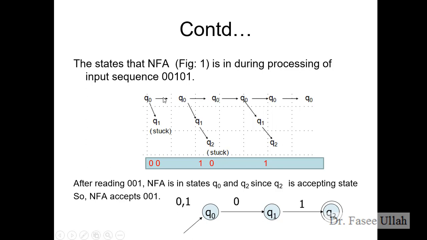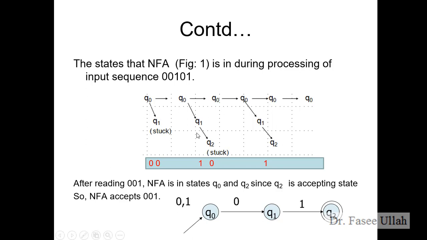How does the transition process values for the NFA? We already know there's a possibility between these two, so that's why we have Q0 and Q1. It can read the 0 from here and 0 from here as well. That's why we put it in the output for 0 values. And this is stuck. Stuck means it has not reached the final state, because based on the condition it is the 0 1 value.